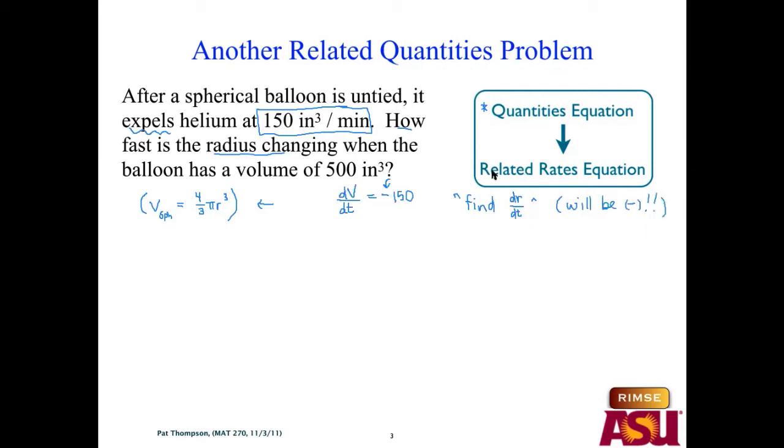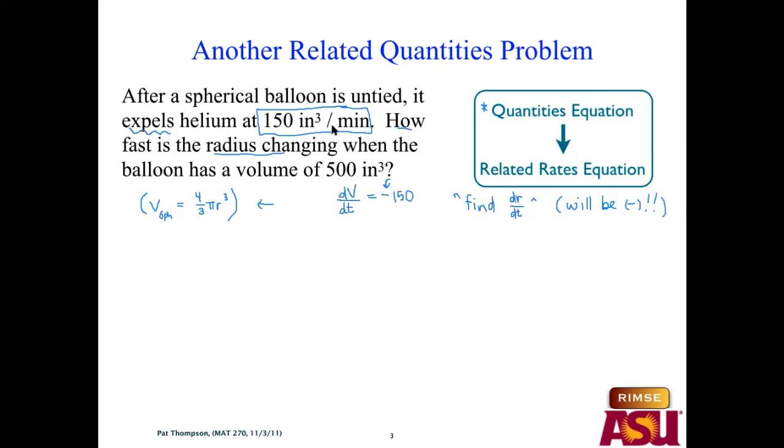So we're going to find the rate of change of the radius when the balloon has a volume of 500 cubic inches. This is like in the last question, when the side length is 50 or something. It's some extra piece of information. We'll likely need it, although sometimes there's extra unnecessary information given. But this is at a particular point in time during the process.